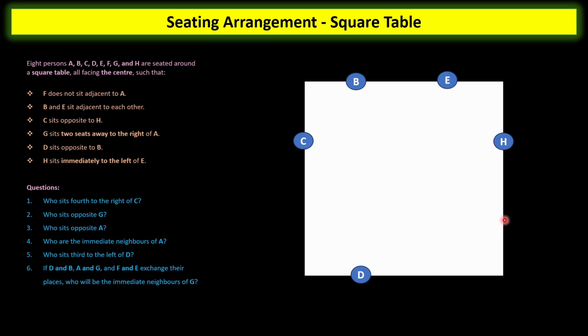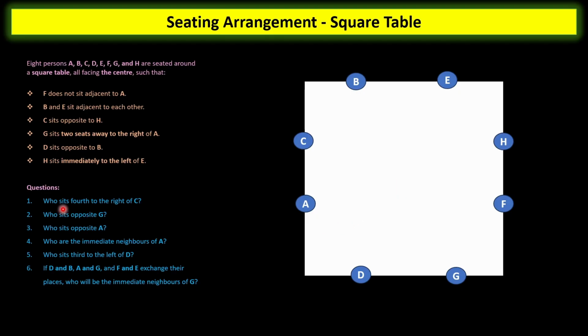If you allow A to be seated here, again no space will be left for G. But at last, if you align A here, then the only position to be occupied by G will be here. So G and A will occupy these 2 places. Now the only person left is F and hence F will be assigned here. This is the unique positioning of all the persons on this square table.